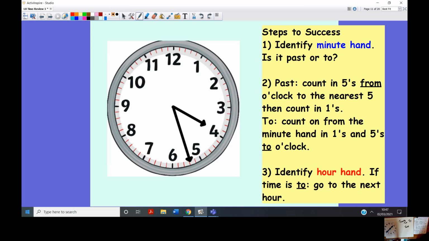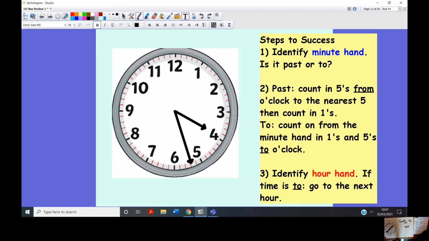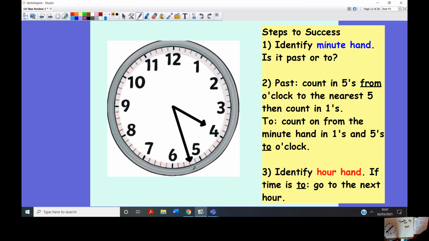So remember our steps to success for telling time to the nearest minute. So we first of all identify our minute hand. This is our minute hand. Is it past or to? It is not past our half past point. So we are going to be saying it's past the hour. So then we're going to be counting in fives from o'clock to the nearest 5, then counting in ones.